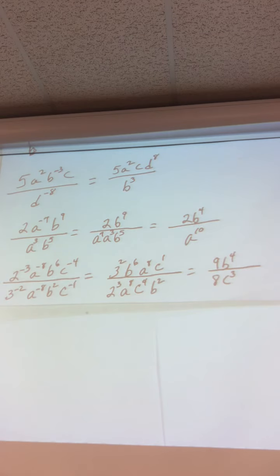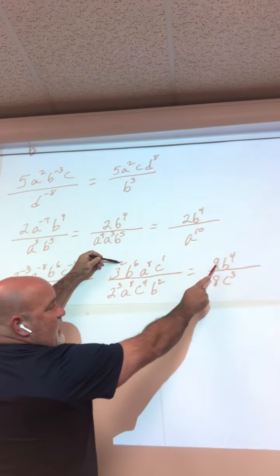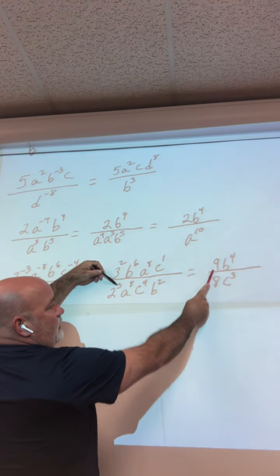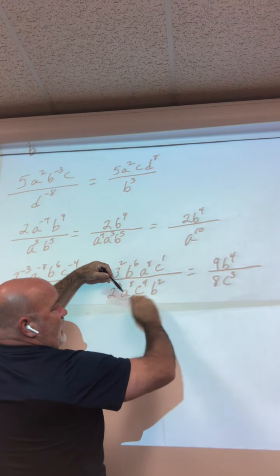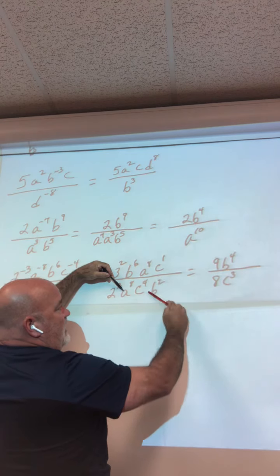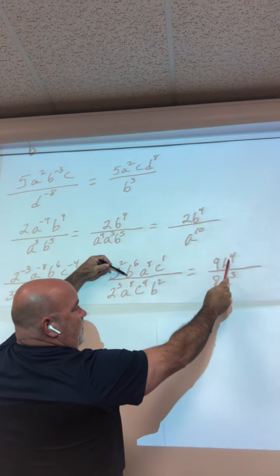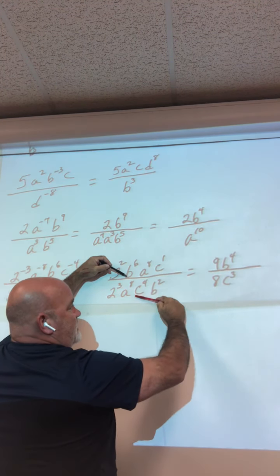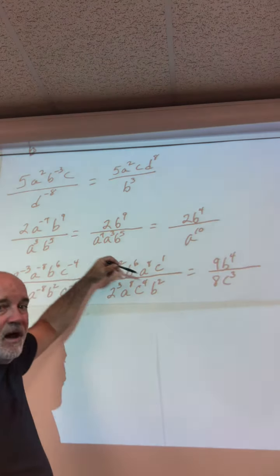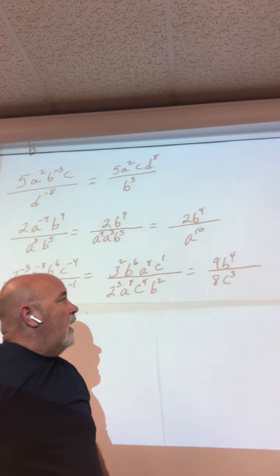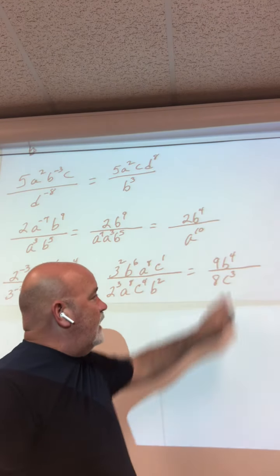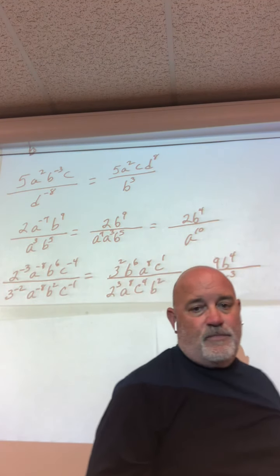Do that one more time. 3 squared is 9. 2 to the third is 8. A8, A8, all the A's are gone. B2, B6 leaves B4. C1, C4 leaves C3 in the bottom. You have no negative exponents left, and no letter is listed more than once.